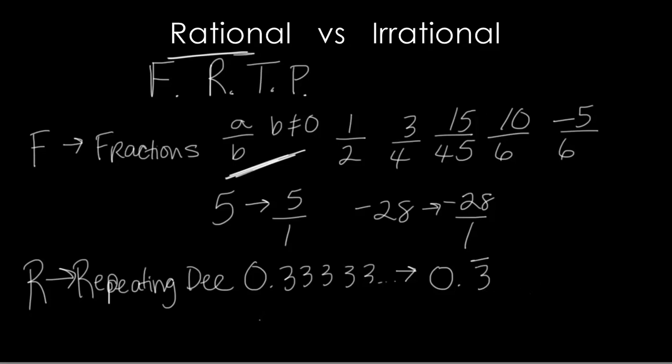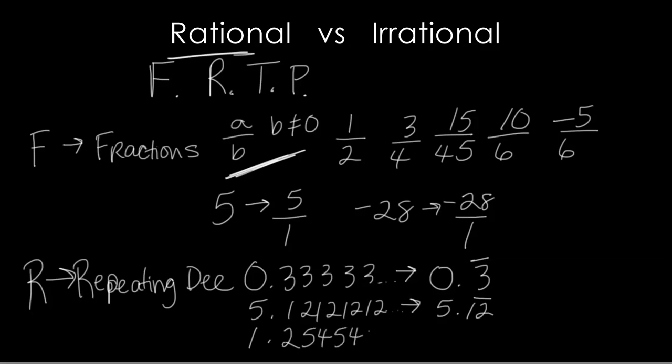Okay, let's do another example. Let's say 5.12121212. What part's repeating? The 1, 2. So how would we write that? As 5.12 with the line above the 1, 2. So that shows that it's repeating. Let's do another one. 1.2545454.